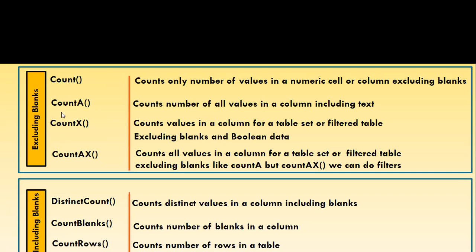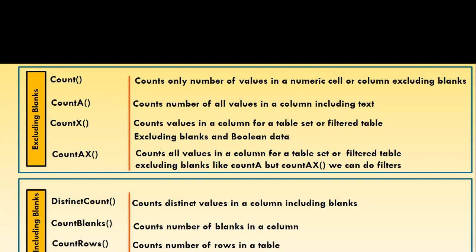When you use these count functions, it will exclude the blanks while counting the number of values in a column. For example, the count function you can use for a numeric column, and all the data types except the Boolean data type. You cannot use the count function with Boolean, though you can use it with other data types like number, string, and date data types. It will simply ignore the blank values.